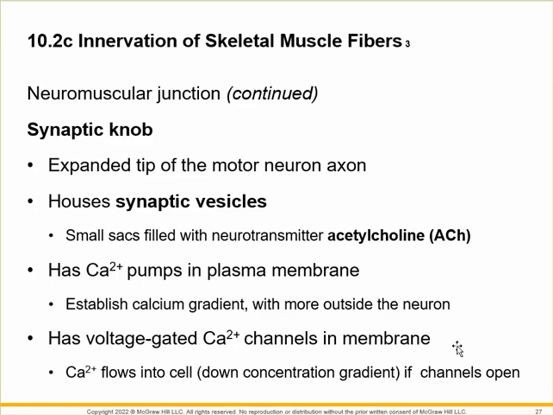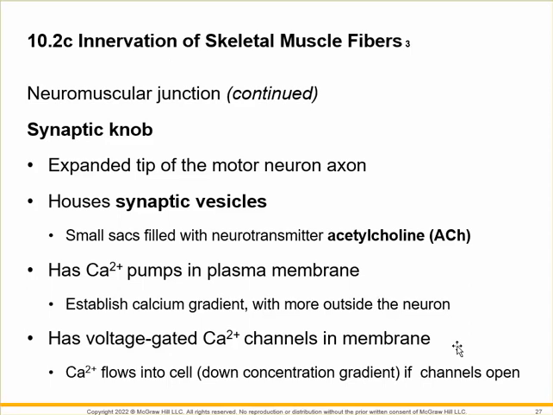So the synaptic knob has the synaptic vesicles filled with acetylcholine, right? It has calcium pumps in the plasma membrane of the nerve cell, and it has voltage-gated calcium channels in the membrane. So when the voltage-gated channels open, calcium goes into the cell because there's calcium outside of the nerve in the interstitial fluid and not inside.